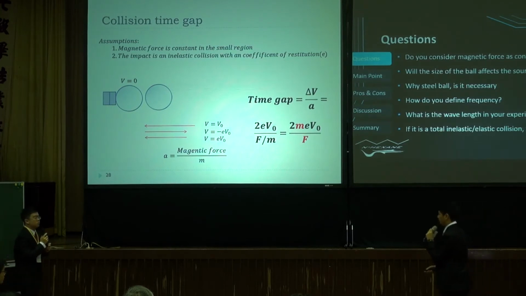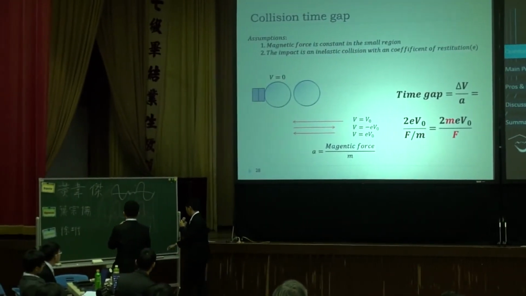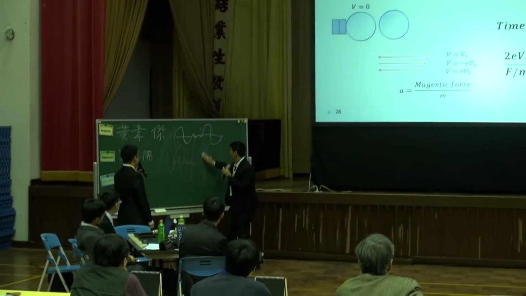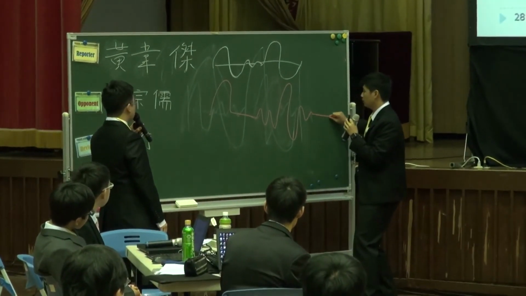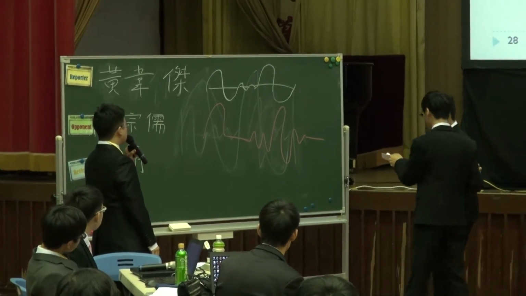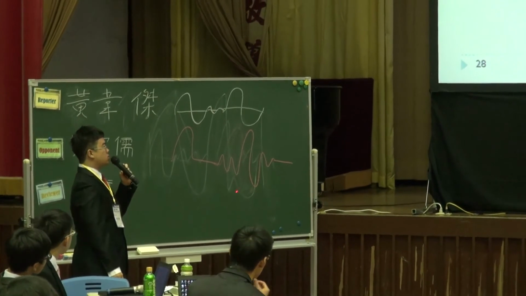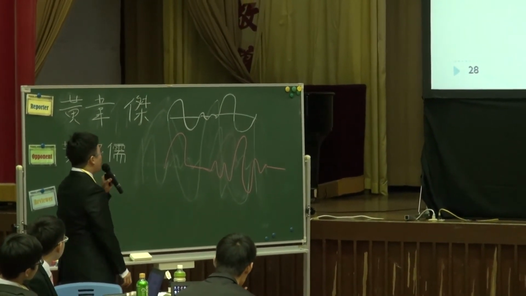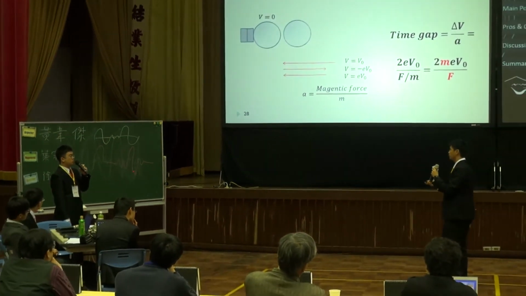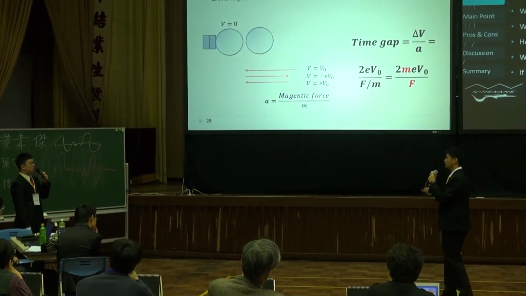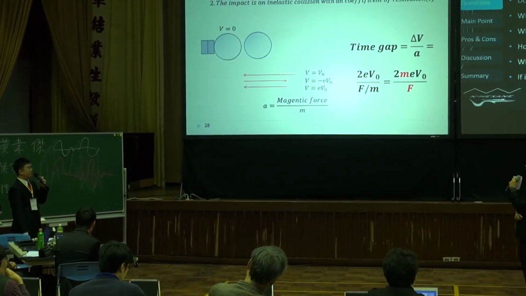And since your pulse looks kind of similar to a wave package, what do you think is the difference between your pulse and the wave package, when we put two graphs together?